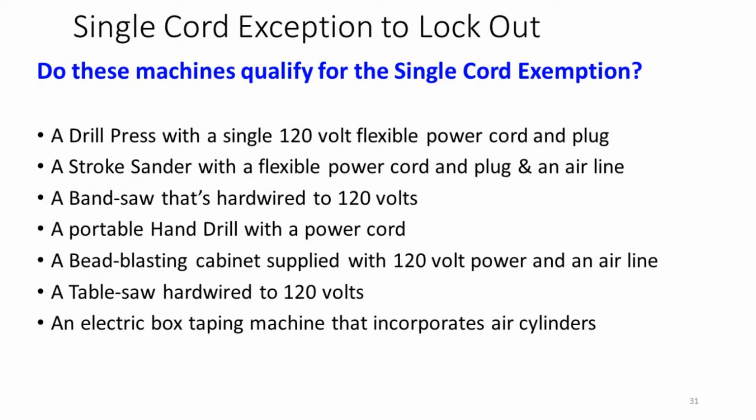A bandsaw that's hardwired to 120 volts. A portable hand drill with a power cord. A bead blasting cabinet supplied with 120 volt power and an air line. A table saw hardwired to 120 volts. An electric taping box machine that incorporates air cylinders.